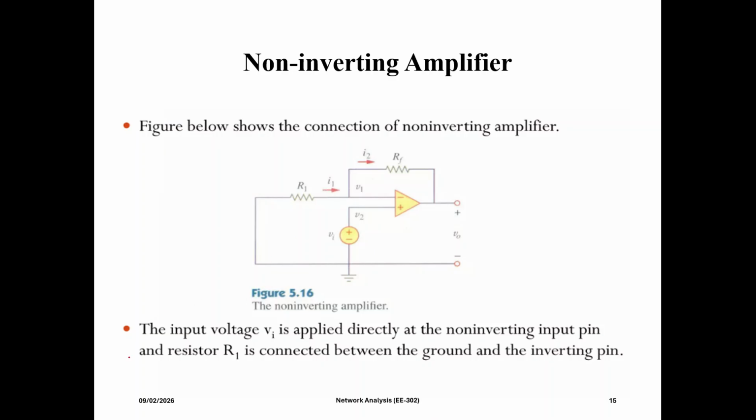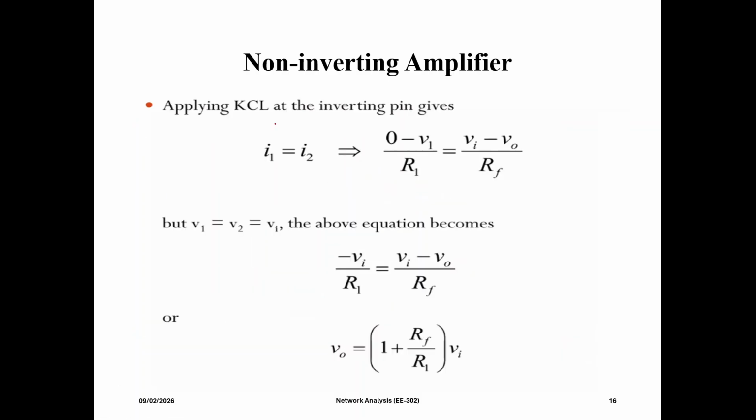Again, to find the voltage gain, we apply KCL at the inverting pin, so I1 equals I2.